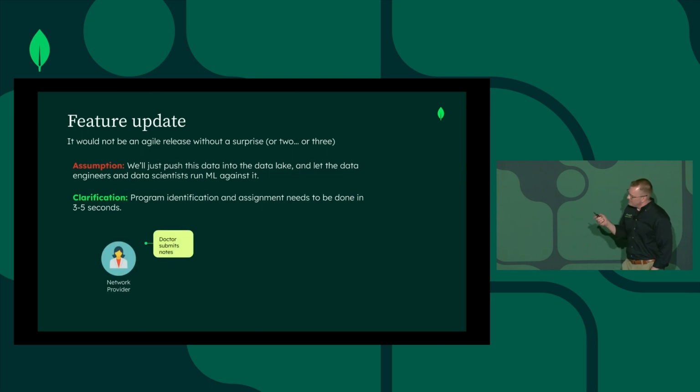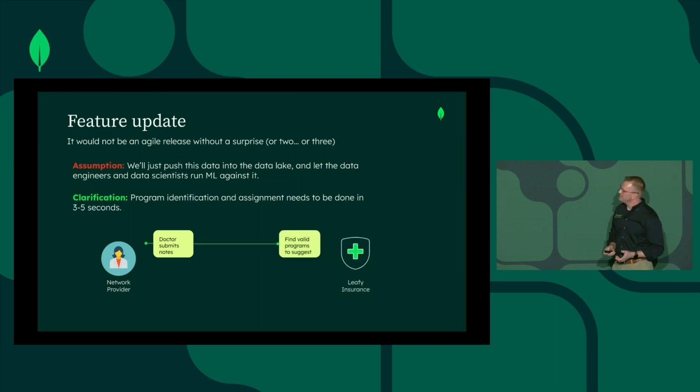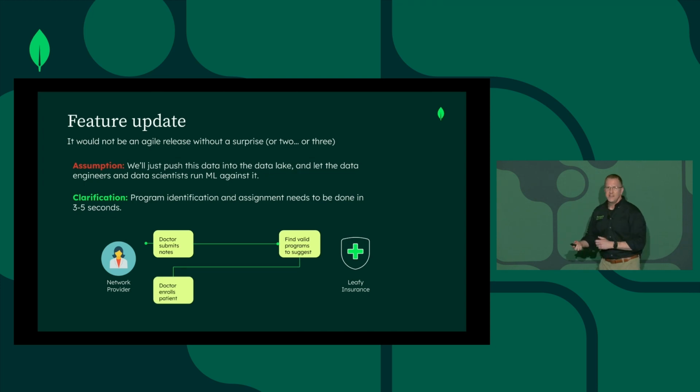All right, so we now have a PowerPoint from our business product owner. They're like, here's how the flow is really supposed to work. Okay, the doctor submits the notes, and they're here in the exam room, and they type up their clinical notes, and they hit submit. And we want that API now to call the insurance company, and we're going to find the valid programs to suggest. The doctor will actually get a list of programs to consider, and the last mile decision will be made by the physician.